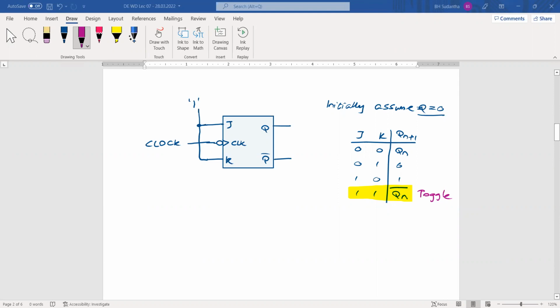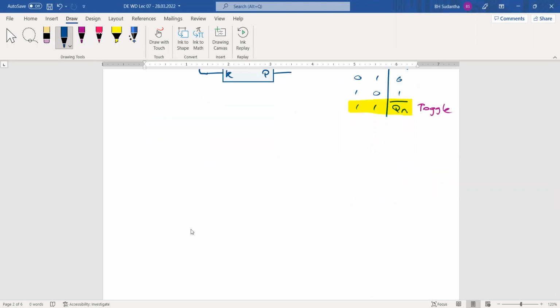Shall we take this output as A? Then I'll draw a diagram showing this clock input.